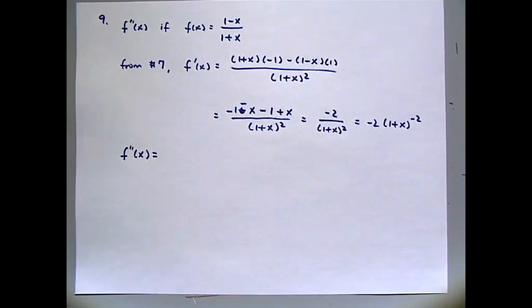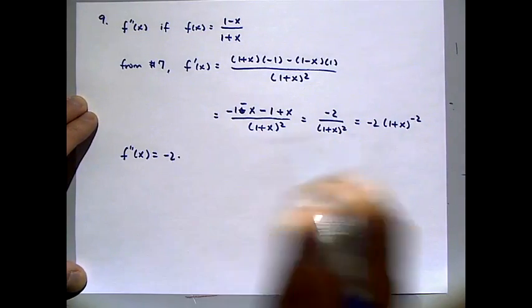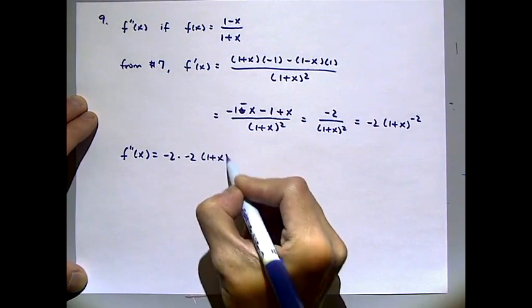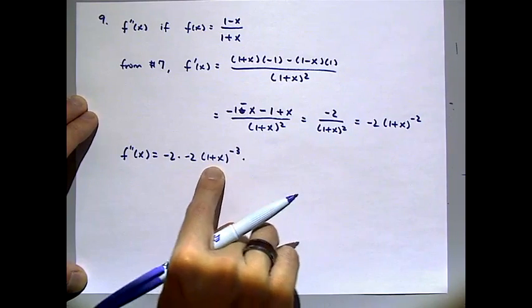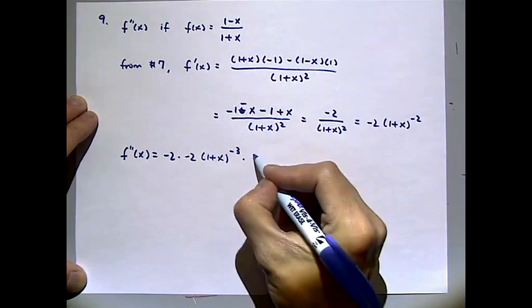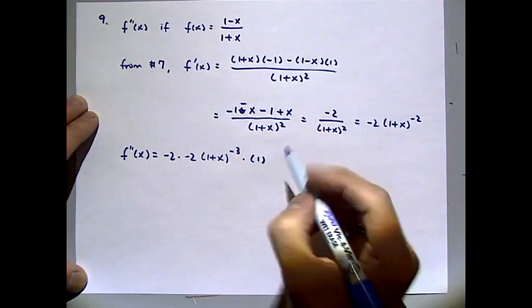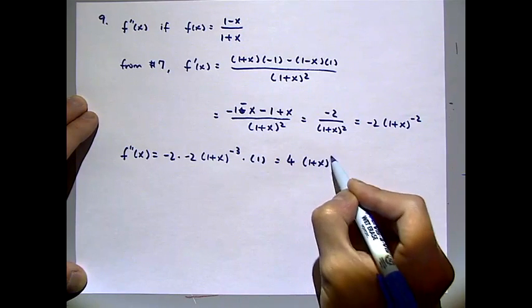Let's take the derivative one more time to get the second derivative. Here we'll get minus 2 times, bring the power down, keep the base, reduce the power by 1, times the derivative of that thing, which in this case turns out to be 1. So we get positive 4 times 1 plus x to the negative 3.